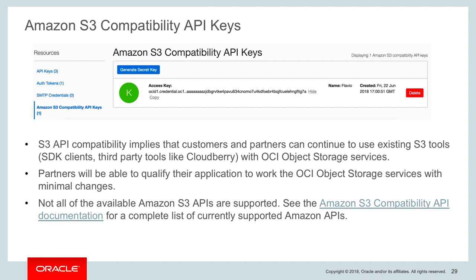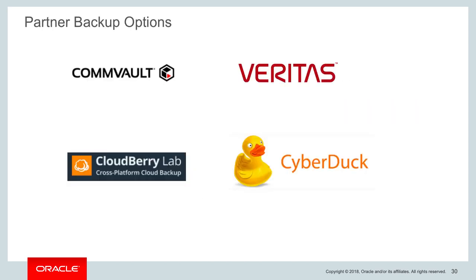So it's fairly easy for partners to keep working with S3 and our object storage, and having that compatibility will help them a lot, right? Here are some of the partner backup options that we have: Commvault, Veritas, Cloudberry, CyberDuck. With some of them you can access and use our object storage in order to create your backup.